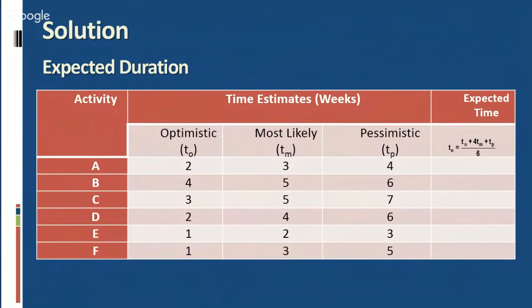First of all, we will calculate expected duration. To calculate expected duration of activities, we have to follow our formula: optimistic time plus 4 times of most likely time plus pessimistic time, divided by 6.